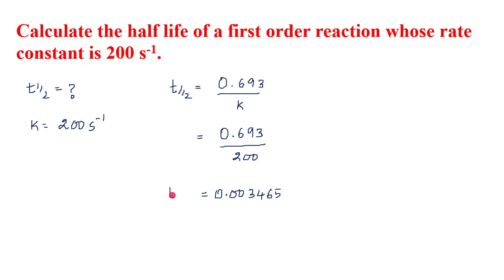As we are calculating half-life, the unit is again time. Whatever unit is given in rate constant, per second, here you will get second. Unit will be second. So time is the unit for half-life. It can be given in minutes, it can be given in months or years, right? So this is the way you have to calculate.